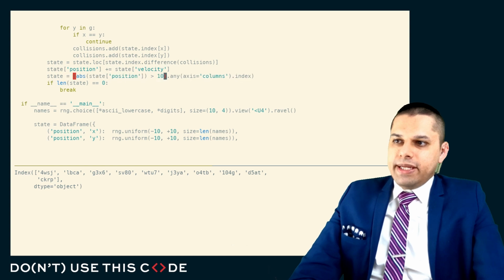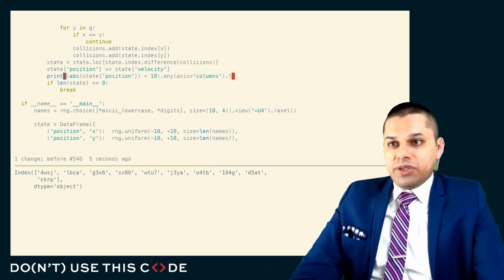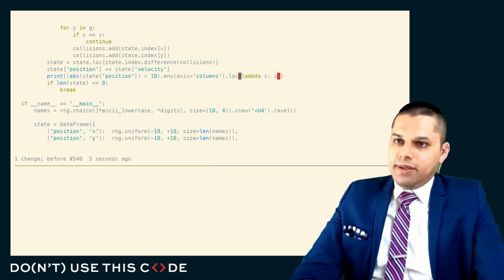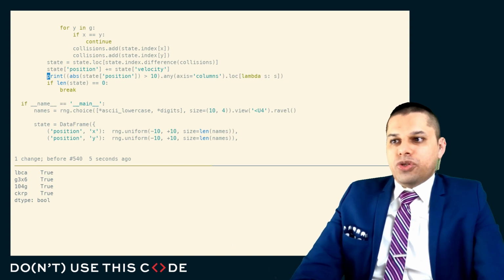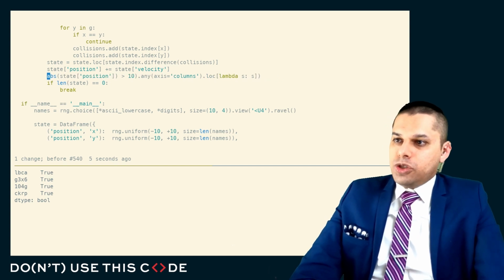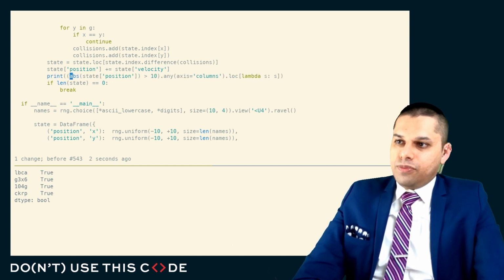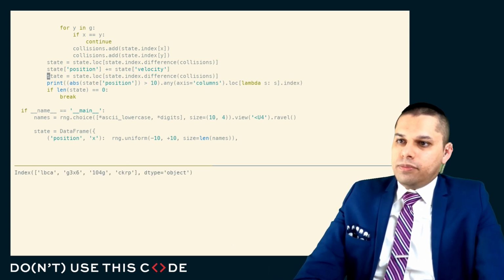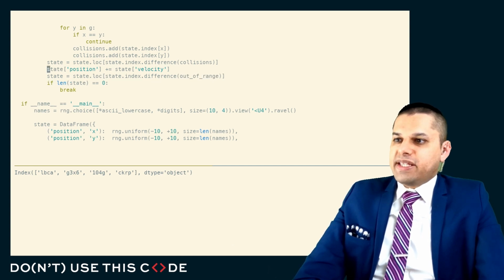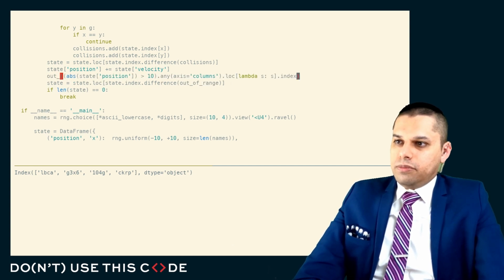And we'd say state equals, and we'd actually filter this thing down. So we do something like loc lambda ss. So those are the things that also flew out of our range. We'll get the index of that, and we're actually going to remove those as well. Out of range. So that's the last thing we'd have to do to make this work.